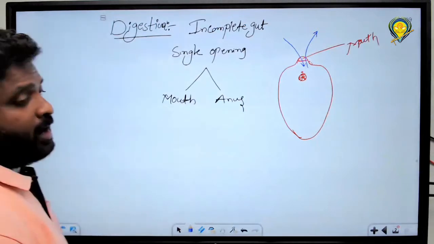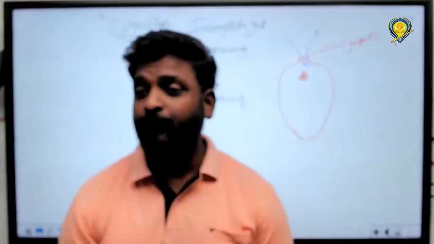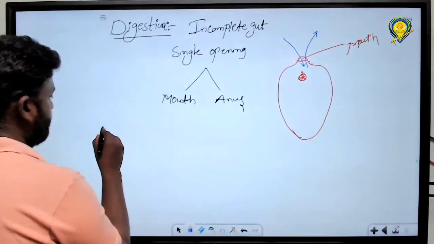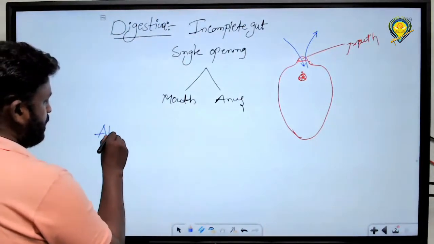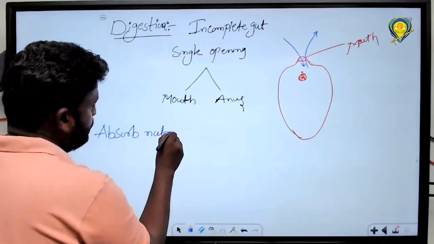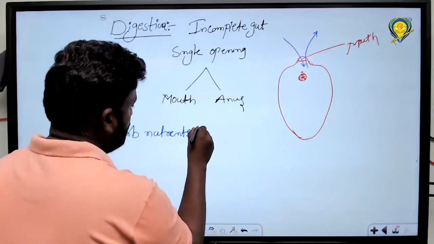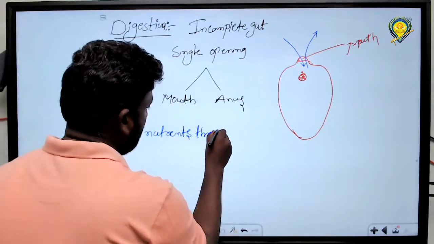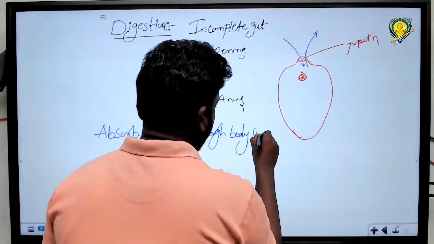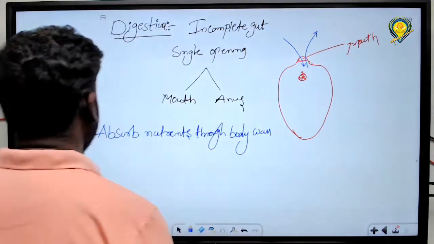And next, how could they absorb nutrients through the body? Please write it: absorb nutrients through the body wall.